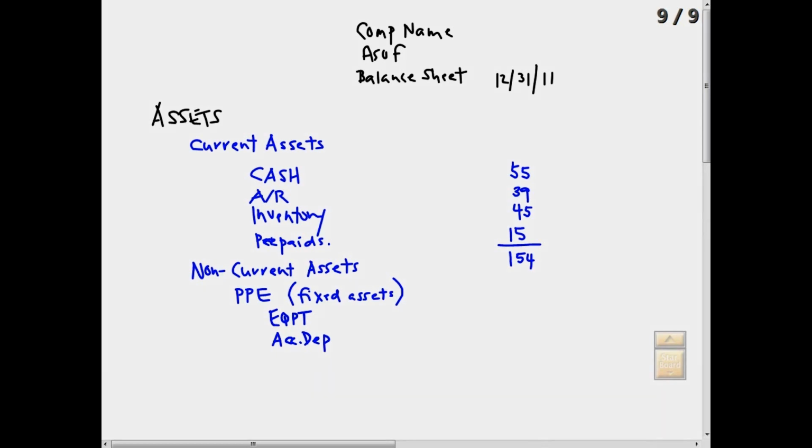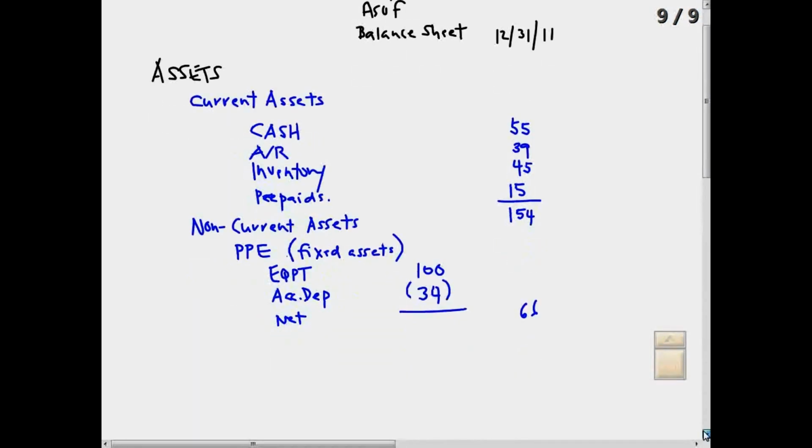Accumulated depreciation. So how much was my equipment and my accumulated depreciation? 34? Okay, so 66. All right, what else? Hold on. Intangibles, specifically I have a patent. How much was that?